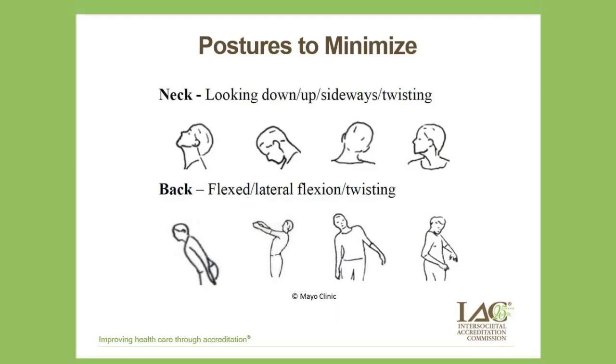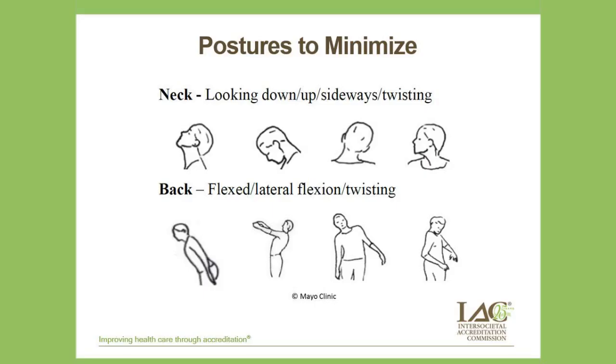So I've included in this PDF some postures to minimize, and I'm not going to spend a lot of time on all of them, but a couple I do want to call out. Our necks are important. We do a lot of looking down, up, twisting sideways, and that's part of the reason why I included that neck stretching exercises. In terms of the back, flexed, lateral flexion, twisting, all those things end up being bad.